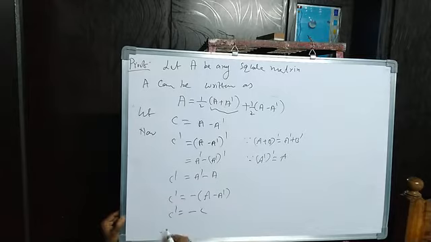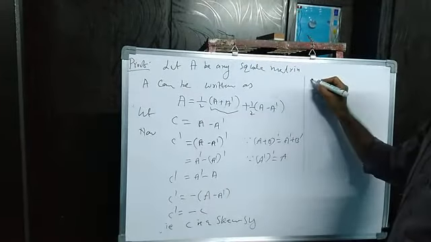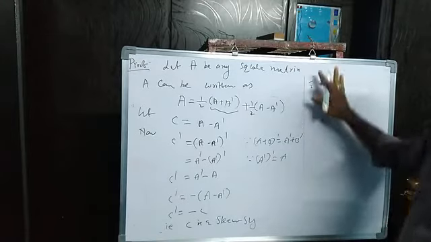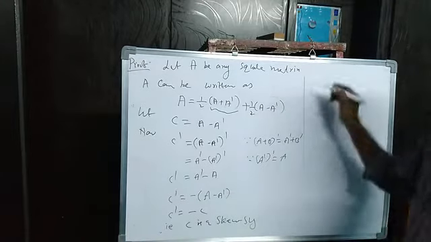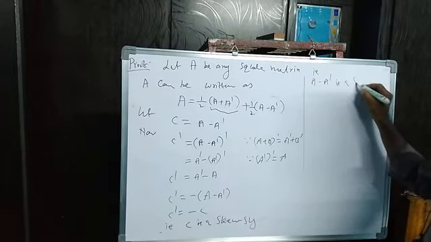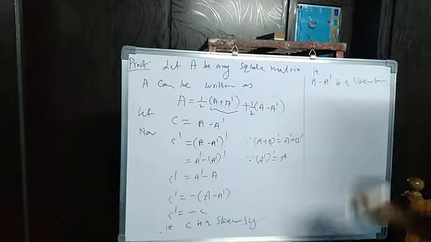Then C is a skew symmetric matrix, and as well half into C is a skew symmetric. C means what we have taken here, that is A minus A dash, is a skew symmetric matrix.